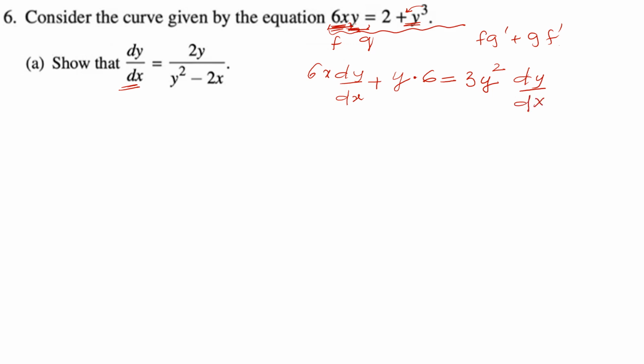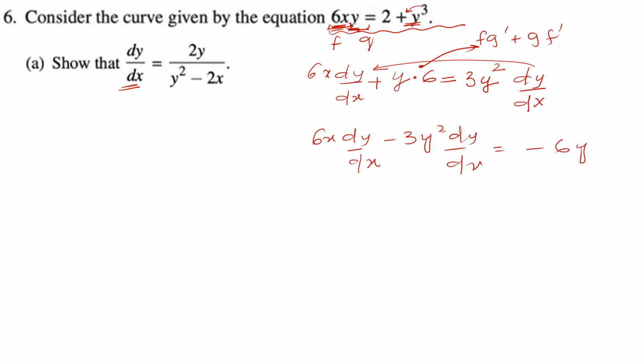Now solve. It means bring all the dy/dx on one side. So if I bring the dy/dx on this side, I will get here 6x dy/dx minus 3y^2 dy/dx. Now bring this 6y to the other side, you will get negative 6y.